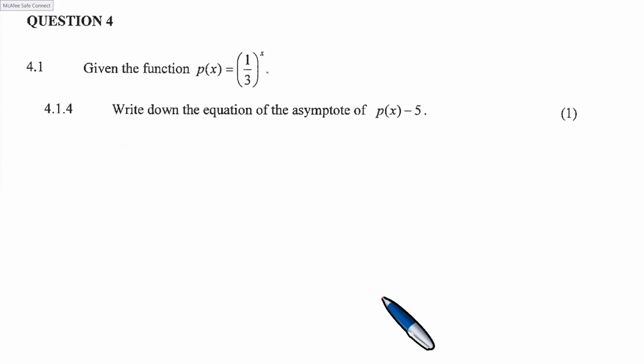You need to write down the equation of the asymptote of P of x minus 5. What is the equation of the asymptote of that? Okay, this question is done in grade 10. And at grade 10, the way this is done, you are taught about y equals a to the power x plus q.